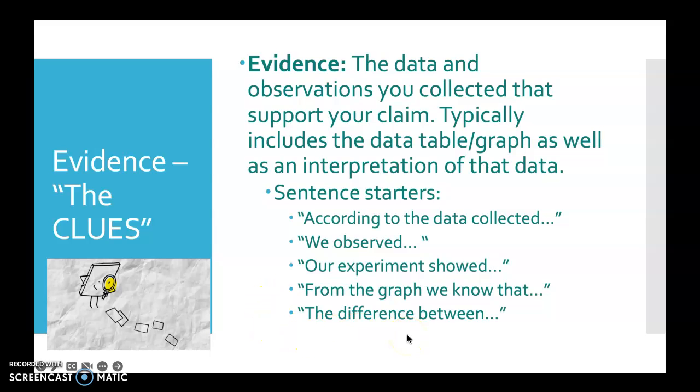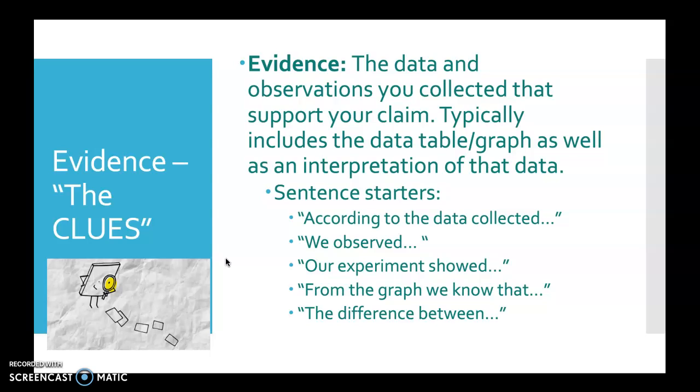What's really important about this section is that you have to make sure you include the actual data itself. Don't just assume that saying, oh, there was a change is enough. You want to say what the change was between 2 points, or you want to express what your graph is actually showing.